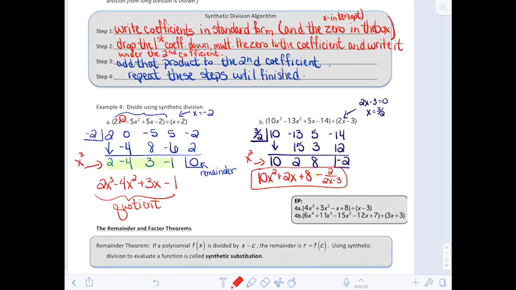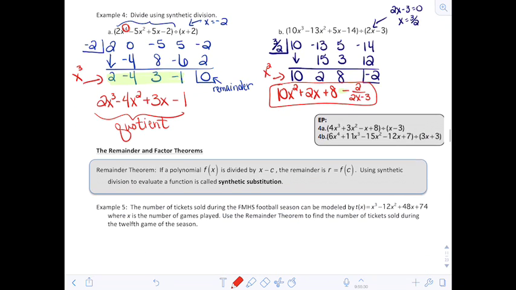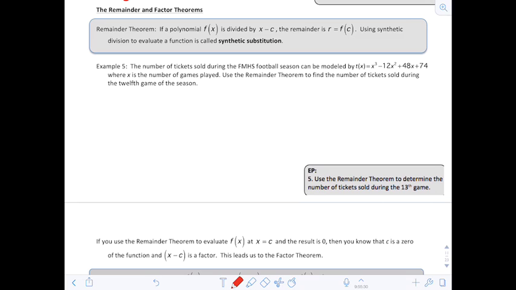Okay. So we have long division, we have synthetic division. Now, along with synthetic division, there are a few more uses for it, and these should be a little familiar as well. The remainder and factor theorems. So first of all, the remainder theorem.